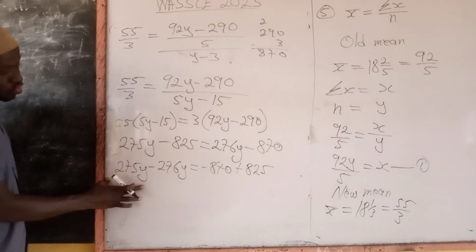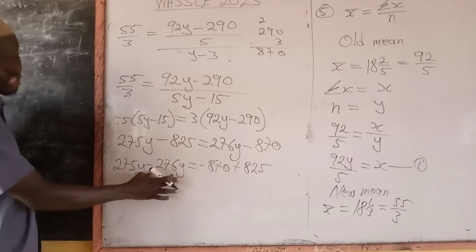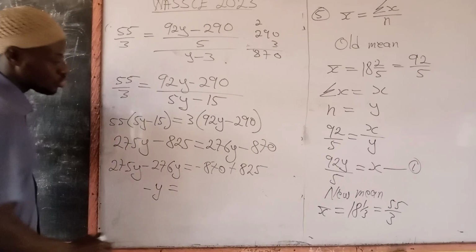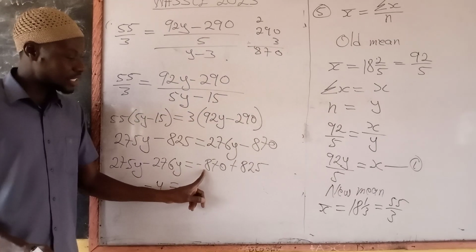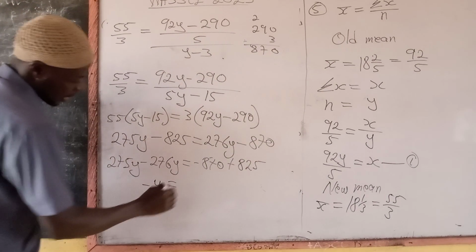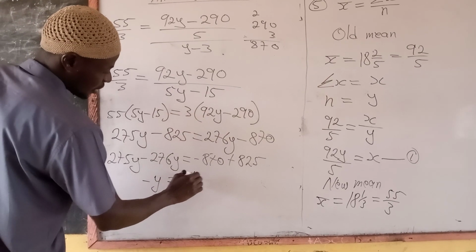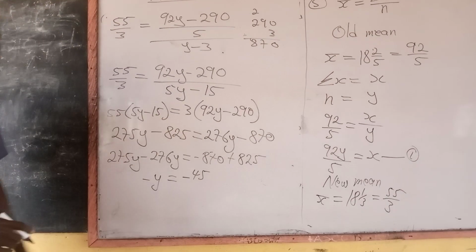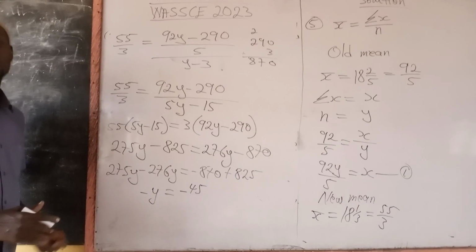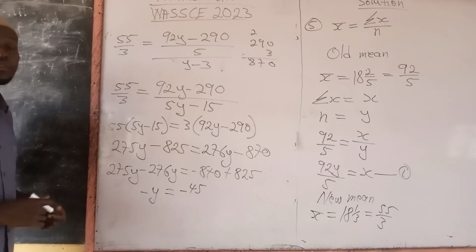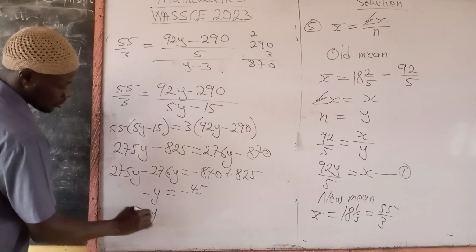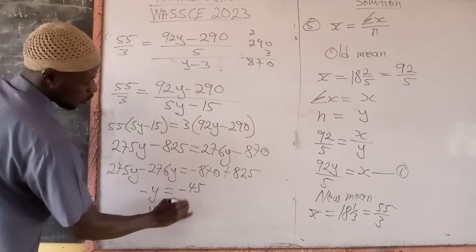So 275y minus 276y will give us minus y, and negative 870 plus 825 will give us minus 45. Good. Here you either multiply through by negative 1 or divide through by negative 1, and you have y equal to 45.